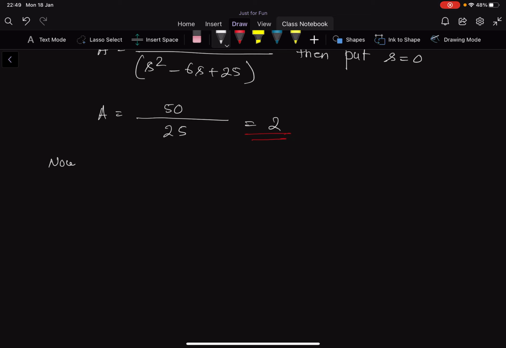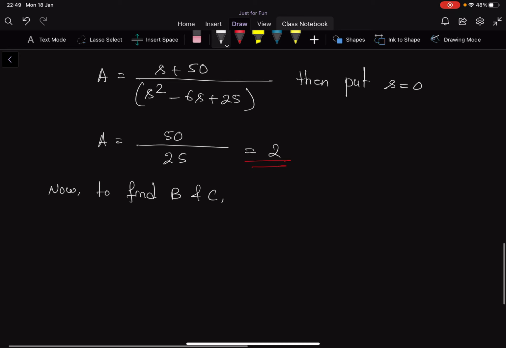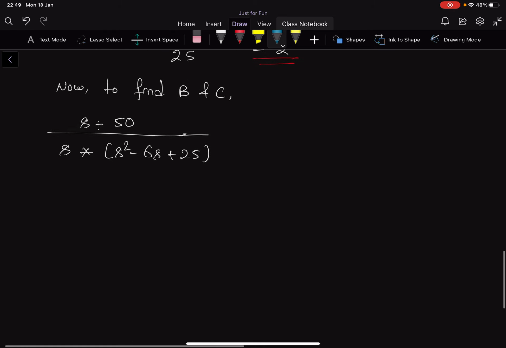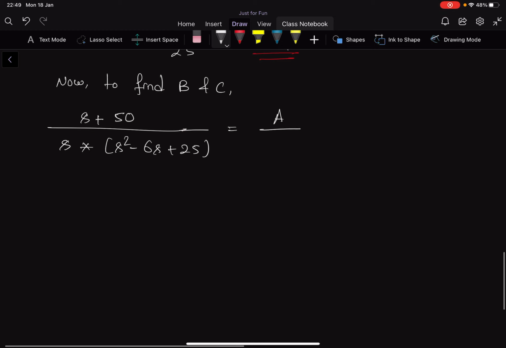Now to find B and C, we are going to use the same expression, the main fraction, s times (s squared minus 6s plus 25), and we'll take this side, which is A over s plus (Bs plus C) over (s squared minus 6s plus 25).